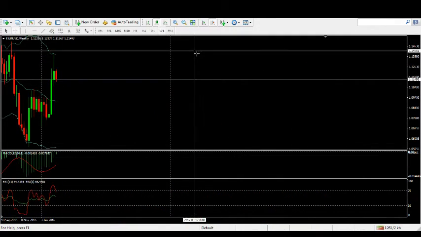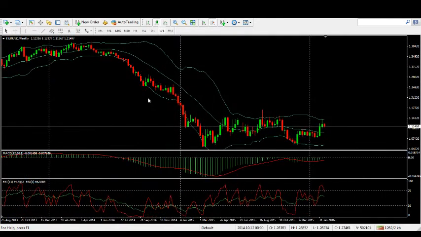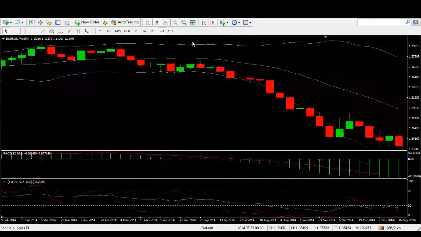We can use weekly charts. Price didn't come back, and let's try to zoom in more.